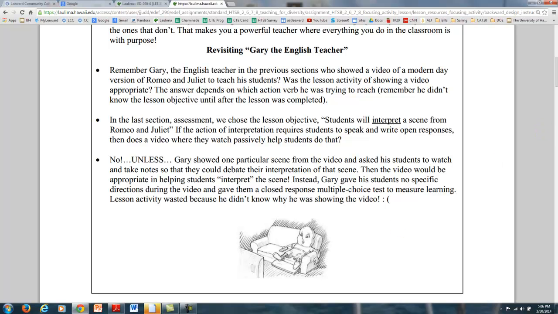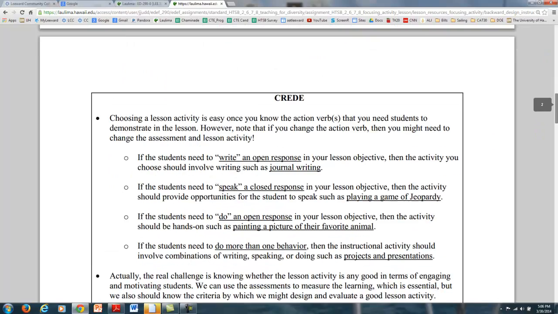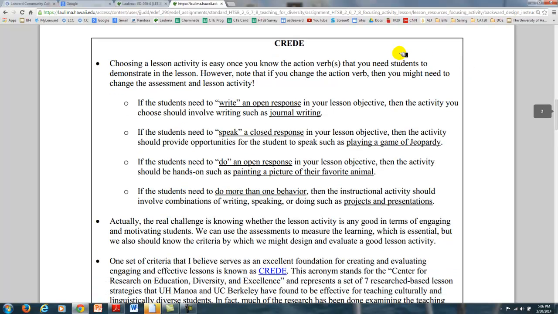So backwards design gets you to use your class time as a powerful tool in which everything in the class is always used to try to reach the lesson objective. And choosing the lesson activity is easy now because you know exactly what you're looking for. For example, if I want students to write an open response, I would choose something like journal writing.